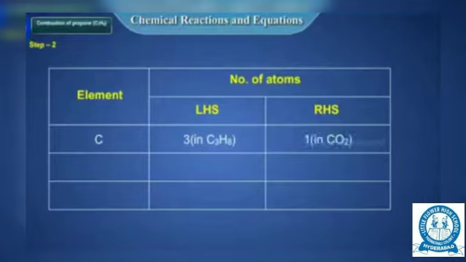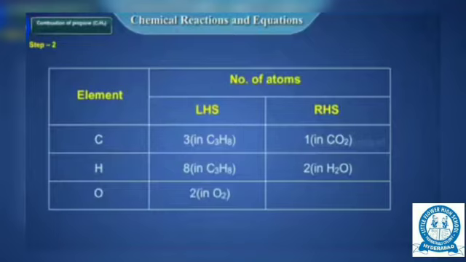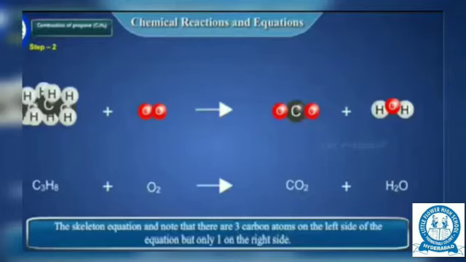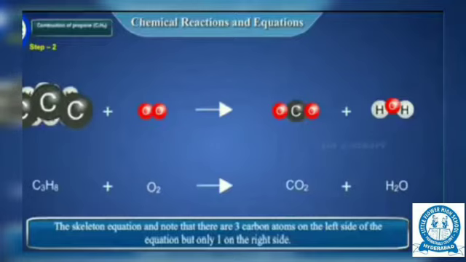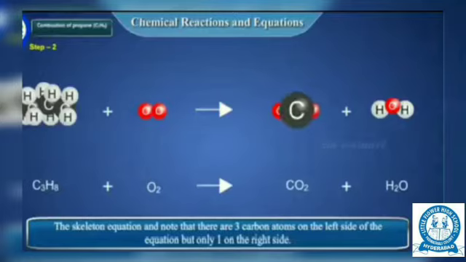H: 8 in C3H8, 2 in H2O. O: 2 in O2, 3 in CO2 and H2O. In the skeleton equation, note that there are 3 carbon atoms on the left side of the equation, but only 1 on the right side.